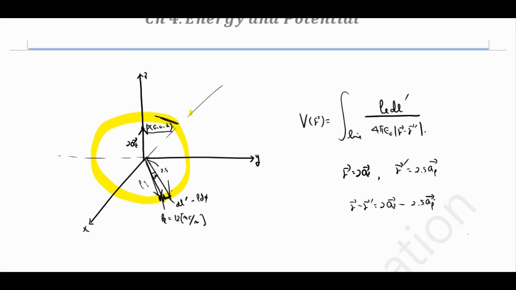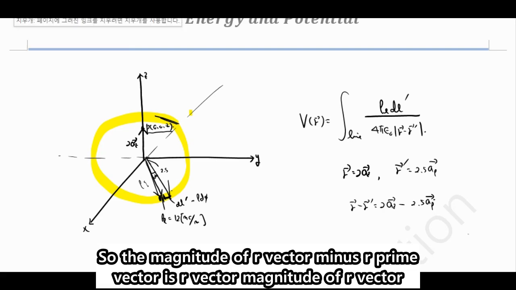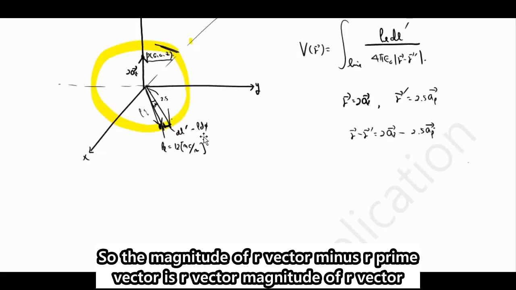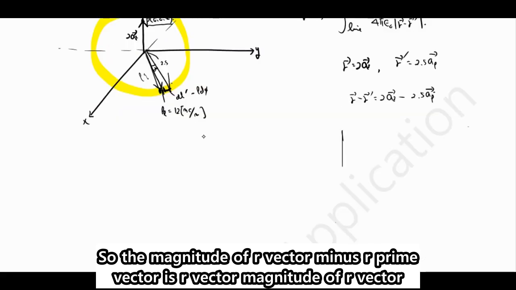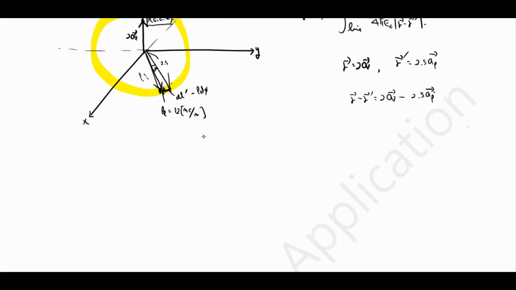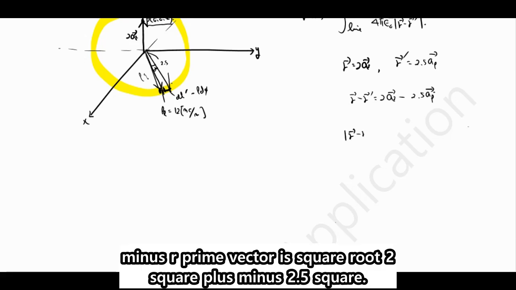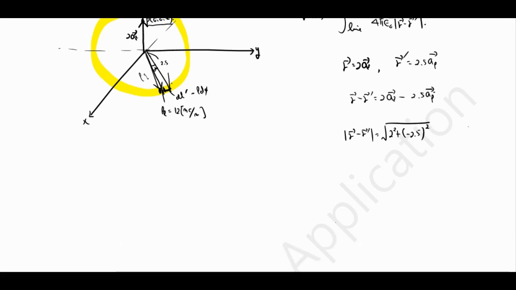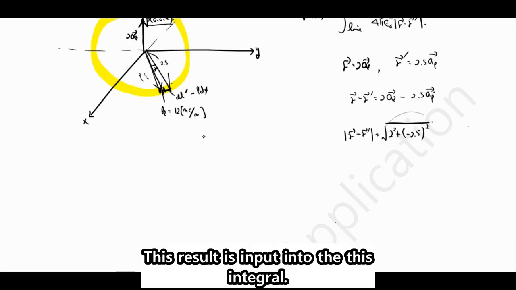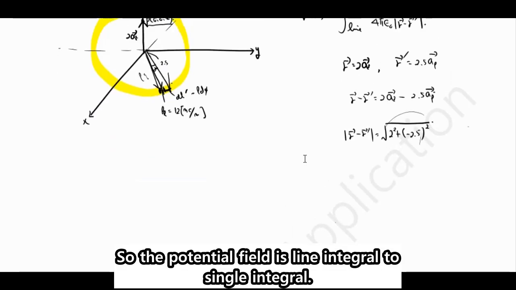So the magnitude of r vector minus r prime vector is the square root of 2 squared plus 2.5 squared. This result is input into this integral, so the potential is a line integral, a single integral.